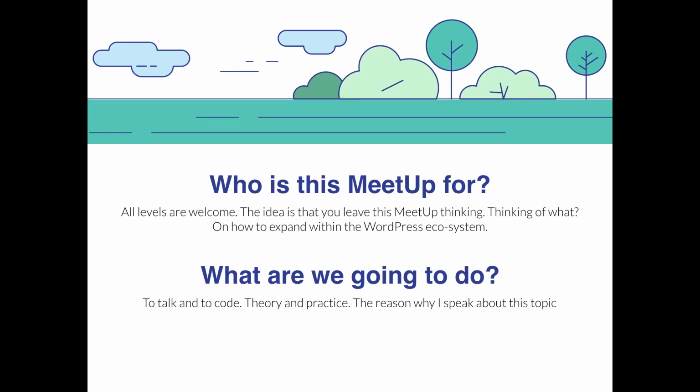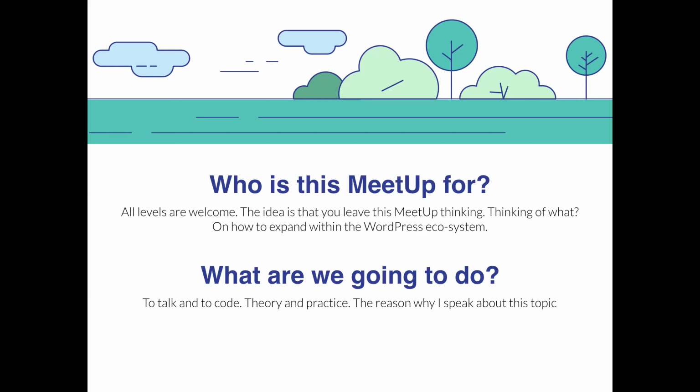Speaking about custom post types is one of the key things to understand how the inner workings of WordPress are. Basically I'm going to talk and I'm going to code. I'm going to code slowly, and I'm going to explain everything step by step. So it's going to be theory and practice.